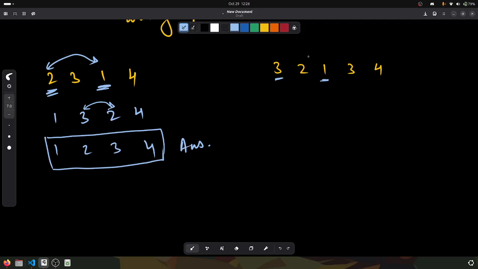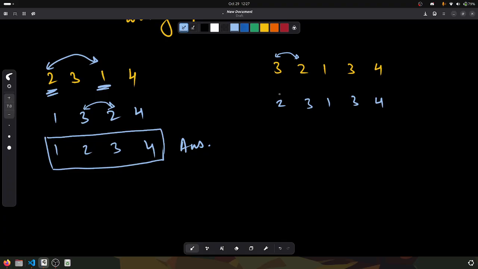So in order to put 1 here, we need to put some even integer here first. What we can do is first swap these two. When we swap these two, the array looks like 2, 3, 1, 3, 4.